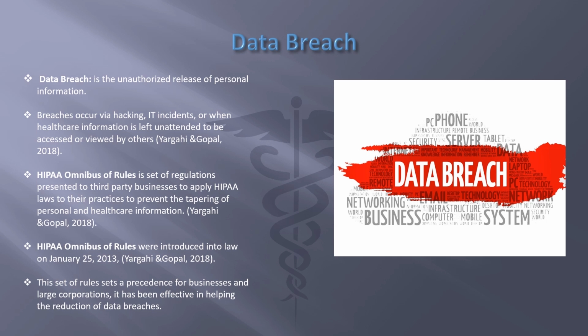HIPAA Omnibus of Rules were introduced into law on January 25, 2013. This set of rules sets a precedent for businesses and large corporations and has been effective in helping with the reduction of the amount of data breaches.